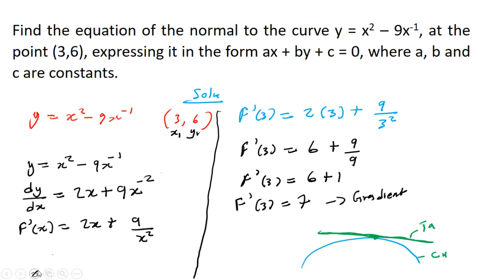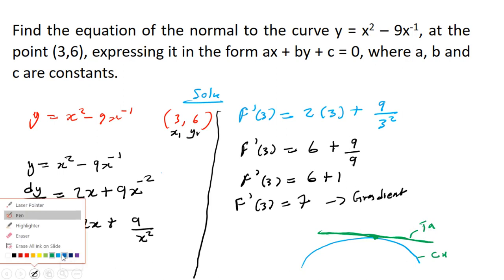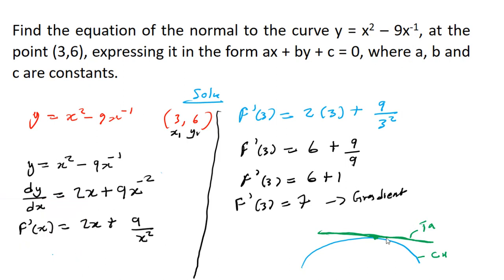Of the tangent. And then this tangent has another relationship with a line which is called the normal. So this is the normal line, and this normal line is perpendicular to the tangent. So I'll write it as a normal. So if the curve of this tangent has a gradient of 7, that gradient can be written as m, and this m is just 7.